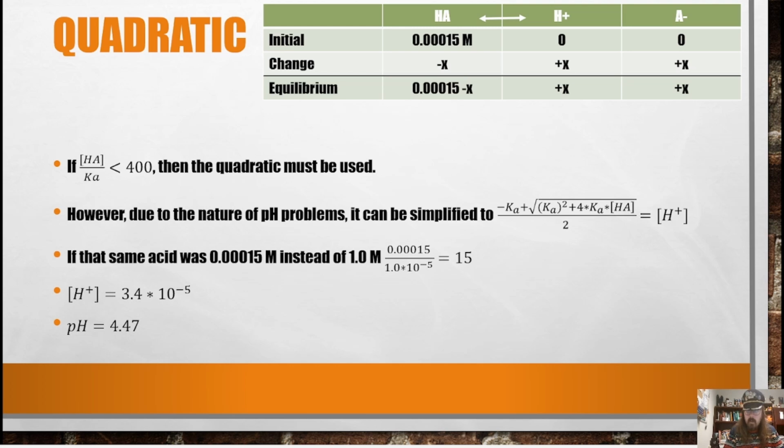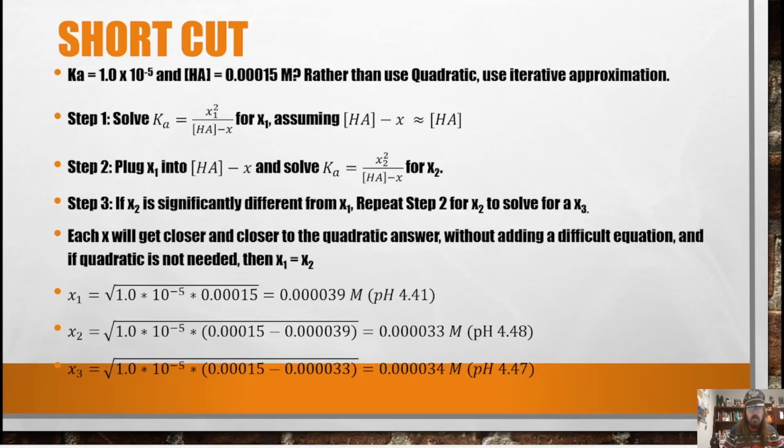Now, the shortcut is what I call the iterative approximation. It makes a big assumption that gets the first value kind of wrong, but then we use the kind of wrong value to get closer and closer approximations. By doing this, we can get the correct answer.